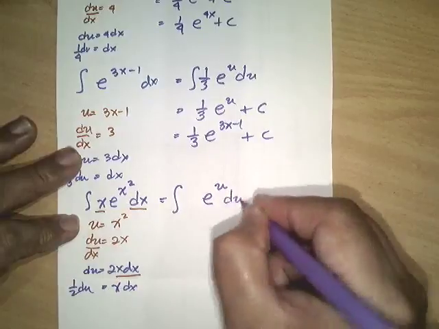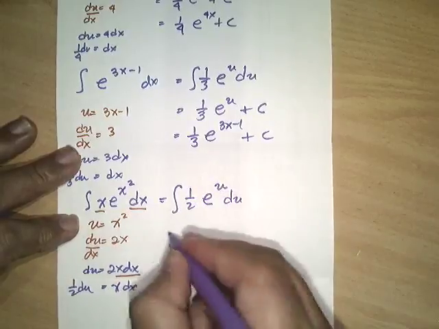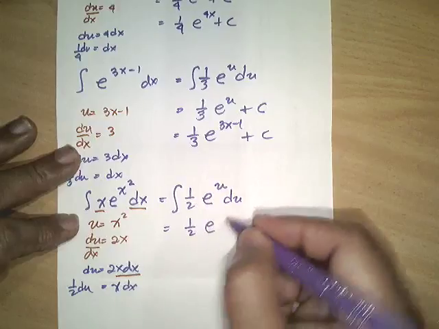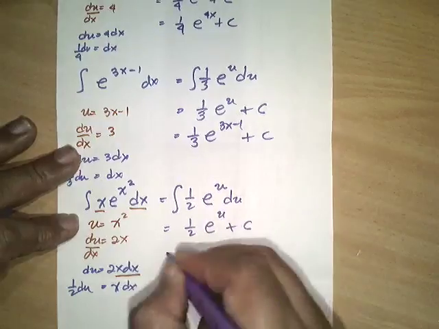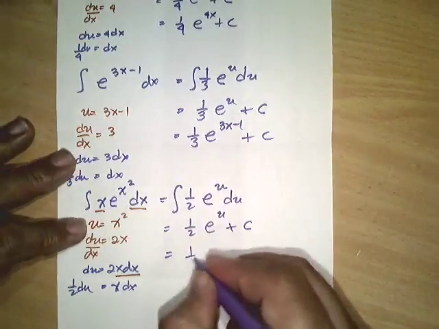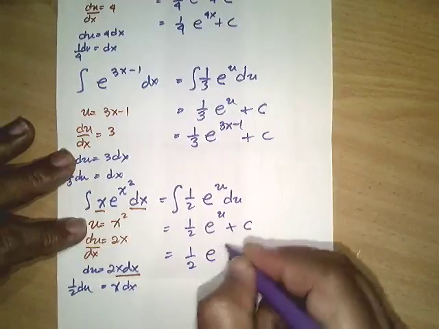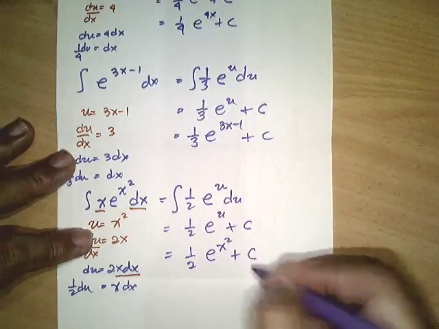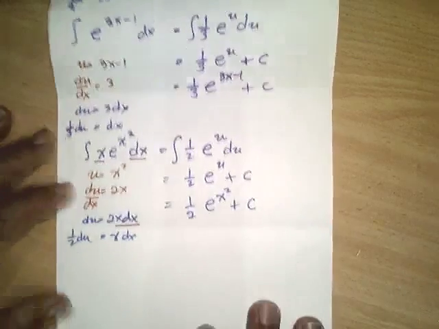So that is du times 1 over 2, so it's equal now to 1/2 e to the u plus c. Plug back the original value of your u, so it's 1/2 e to the x squared plus c.